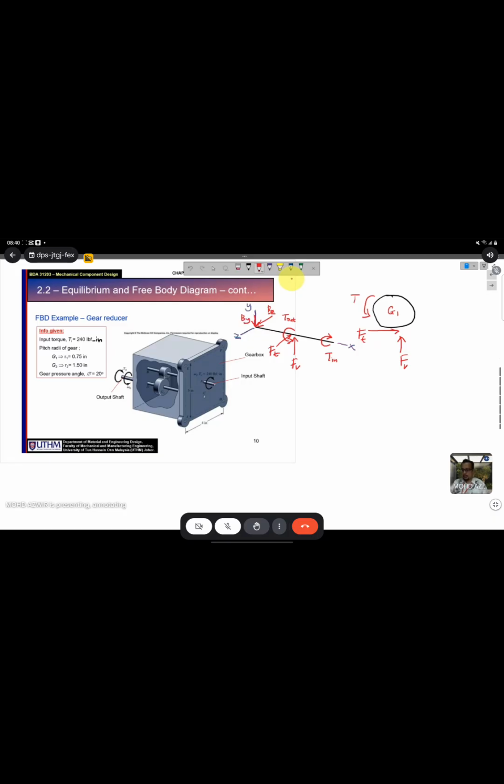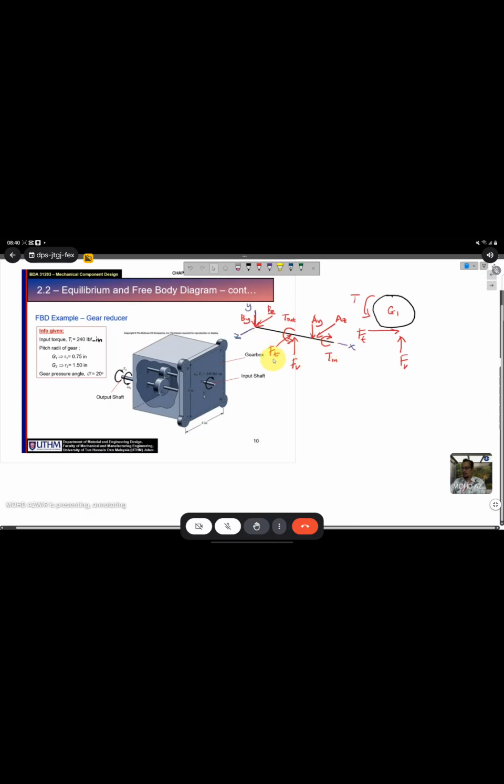And then we have A here, so we have AY, and then we have also AZ. So you can see all forces will be complete already.